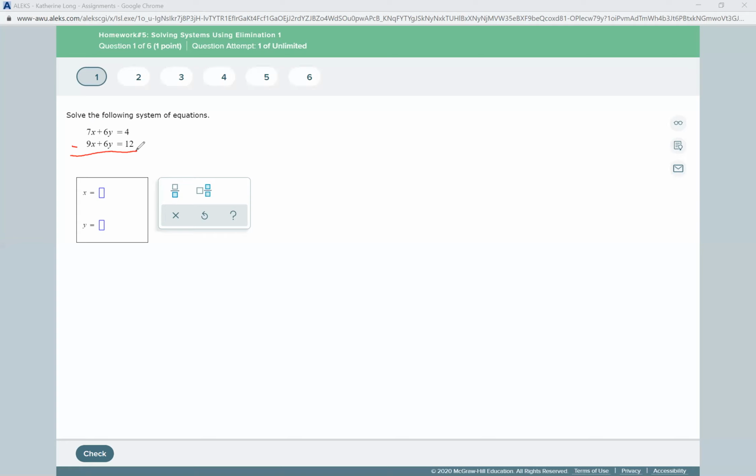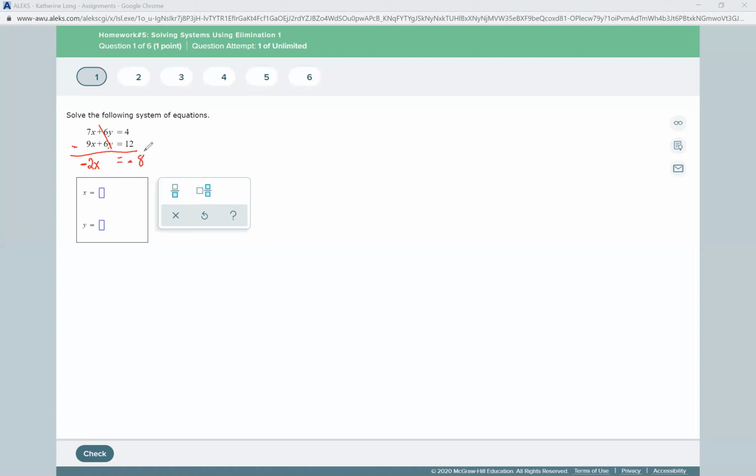So if you like to distribute that subtraction sign and then add them together, that's fine. Or you can just subtract as you go along. So I have 7x minus 9x equals negative 2x. 6y minus 6y go away equals 4 minus 12 equals a negative 8.